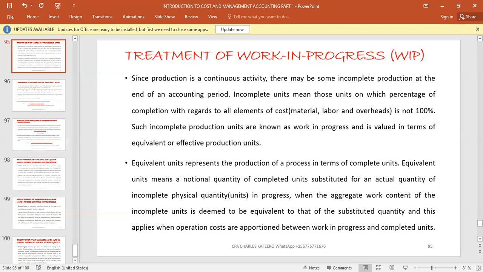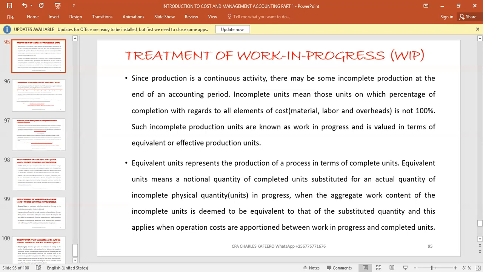This applies when the aggregate work content of the incomplete units is deemed to be equivalent to that of the substituted quantity, and when the operational costs are apportioned between work in progress and the completed units. We apportion these operational costs by their percentage of completion.